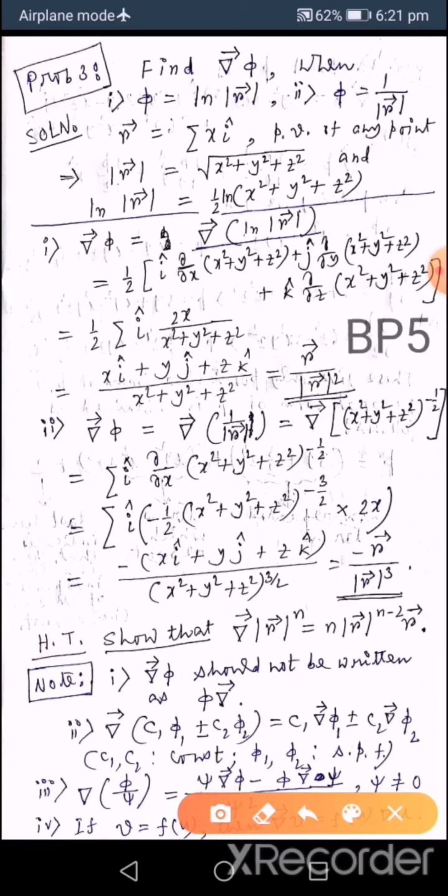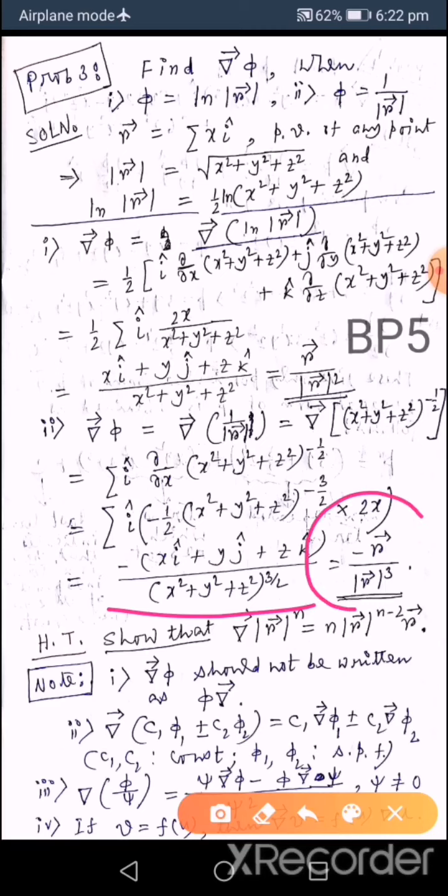So for the first term xi, for the second term yj, and for the third term zk, and x square plus y square plus z square whole to the power 3 by 2 will be for all the terms, and minus sign will be for all the terms. So ultimately we have minus of xi plus yj plus zk divided by x square plus y square plus z square whole to the power 3 by 2.